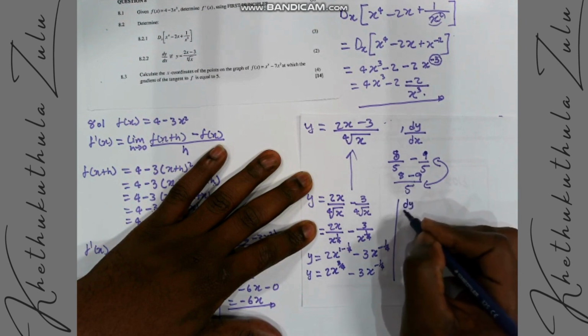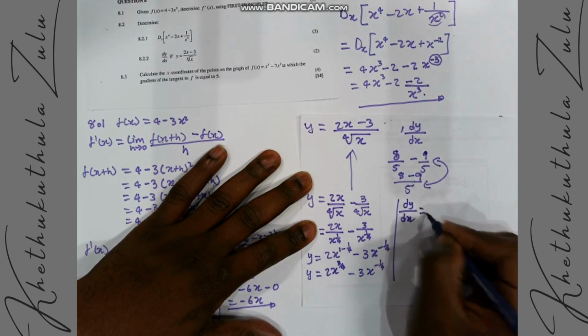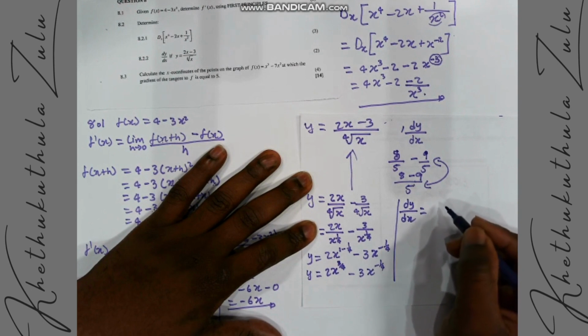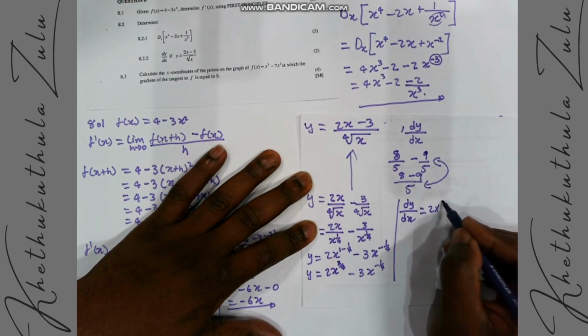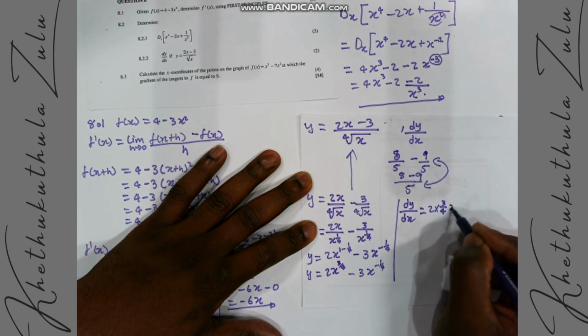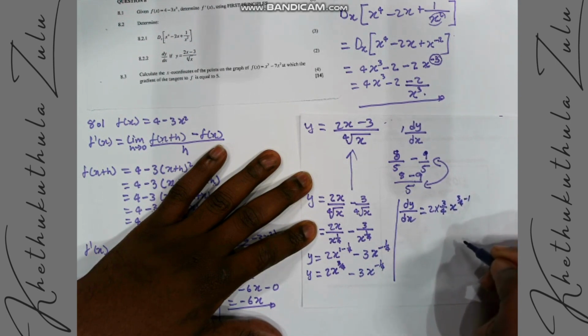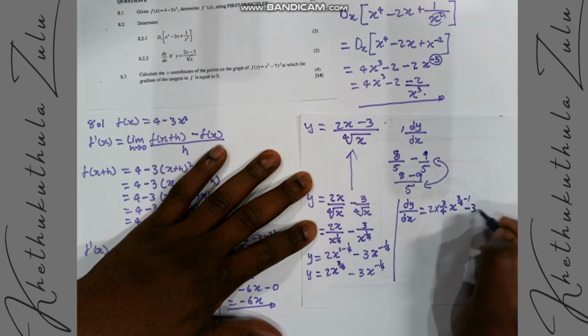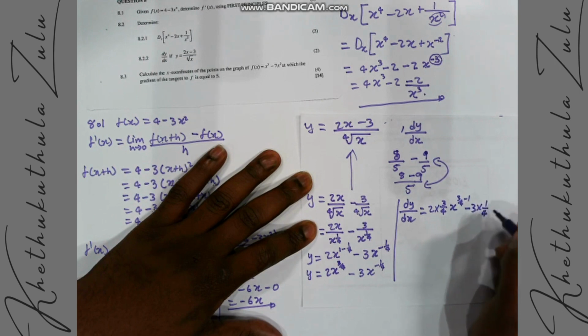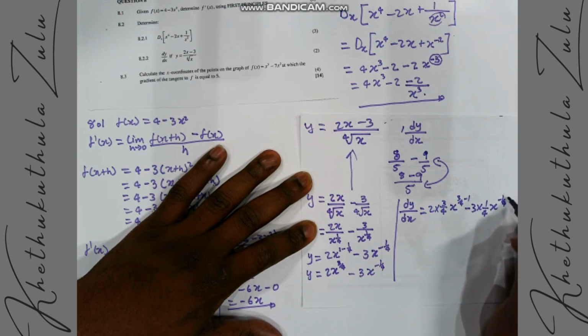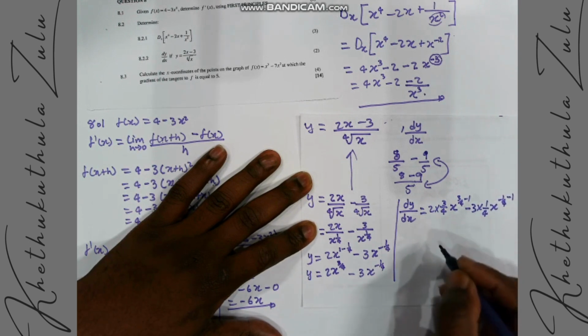We'll say dy over dx, since everything is to order, then it's going to be just 2 times 3 over 4 into x to the power 3 over 4 minus 1, and then minus 3 times this 1 over 4, then x into negative 1 over 4, then minus what? Minus 1.